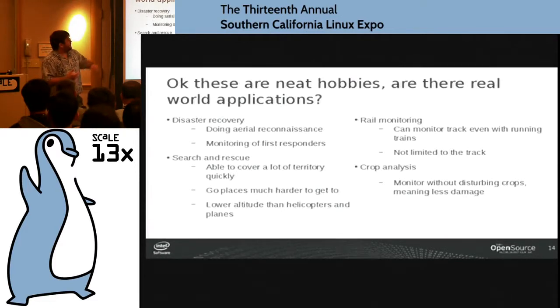But folks are using these in real-world applications to actually do useful things, other than taking videos and posting them on the internet. Disaster recovery. There are drones that are now going out with first responders into the woods. There are drones doing surveys of wildfires because they can get closer and move faster and more precisely than an overhead aircraft or helicopter.